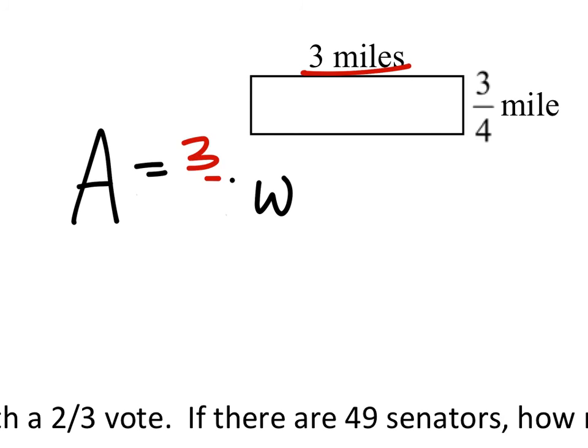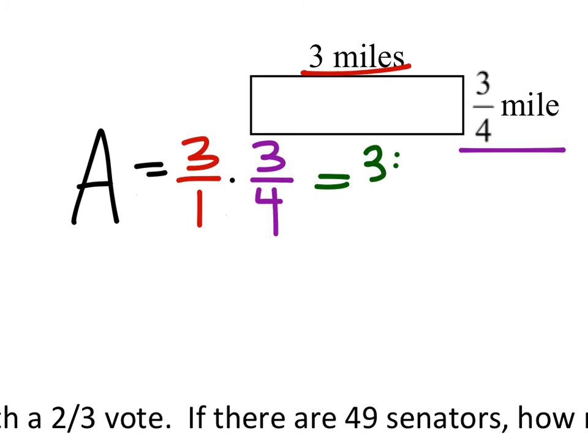Now again, we do have a fraction, so I can make this a fraction as well. And then my width I can say is that 3/4 of a mile, so I'm going to change that into 3/4. And in solving this, now I've got 3 times 3 divided by 1 times 4, which would be 9/4.